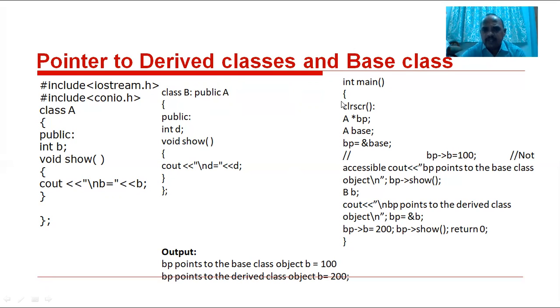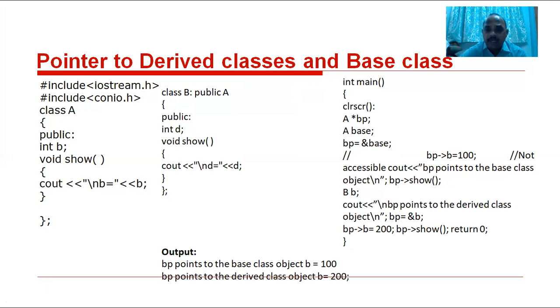Then class close. Main function, where A is the base class name, asterisk BP is the base class pointer. Then base is also a general object of the base class. Here BP equal to ampersand base, it will accept.